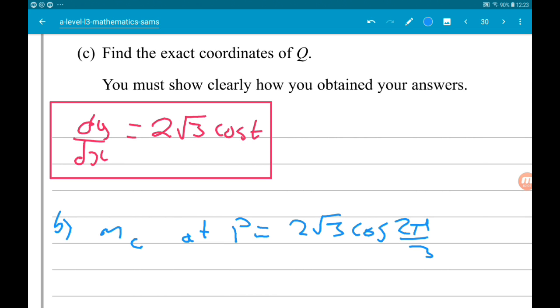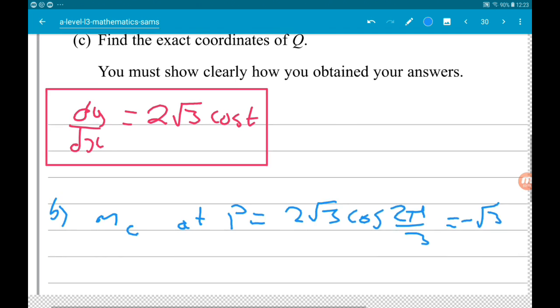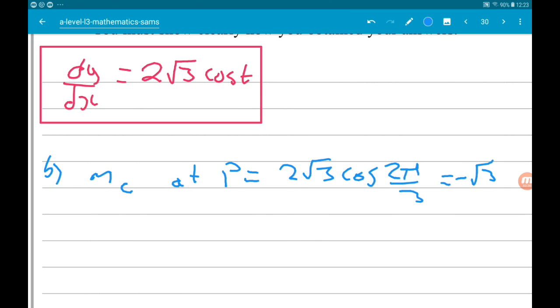And that is going to give us minus root 3. So, the gradient of the normal is the negative reciprocal of that.